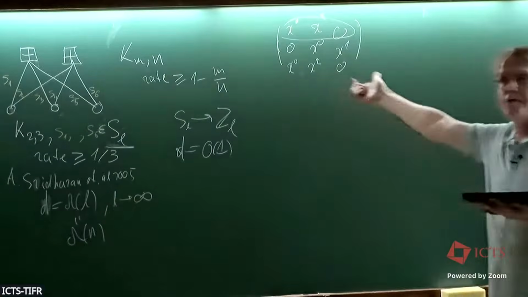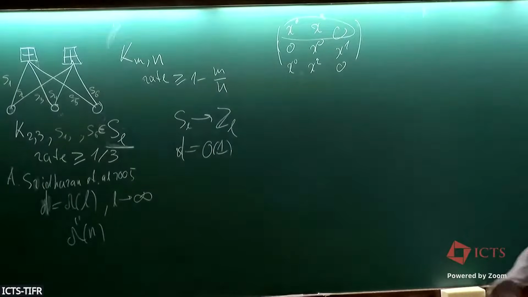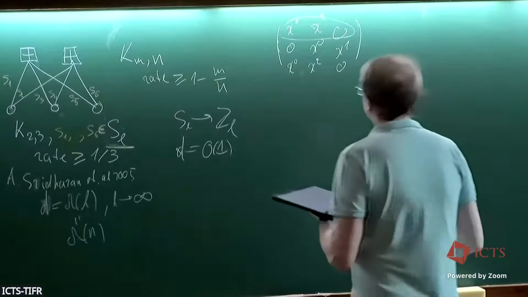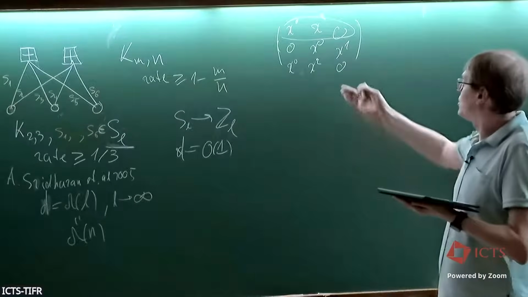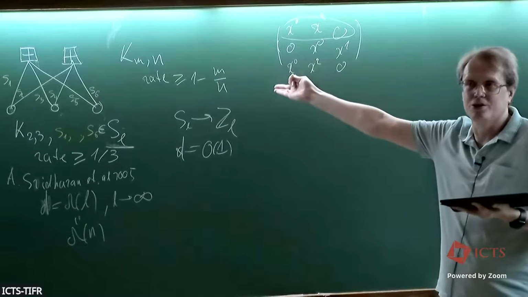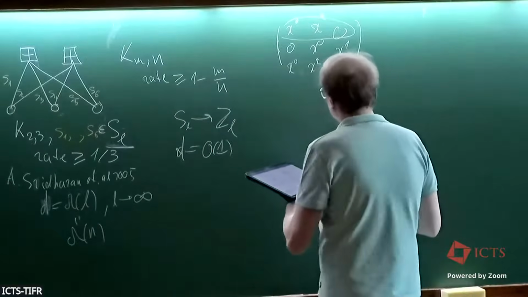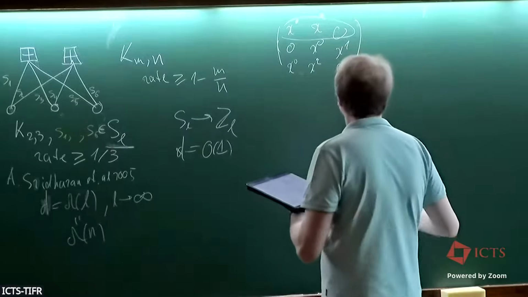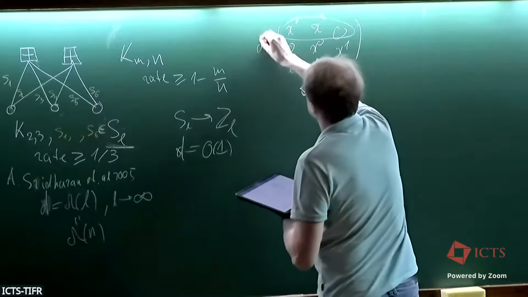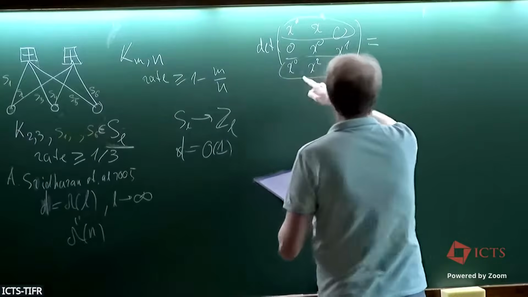And right now we have a square matrix, and for square matrices we can calculate the determinant. This determinant should be equal to what? To zero, of course, because we have two identical rows here. But we can also calculate this determinant using the standard formula. Let us use this row.